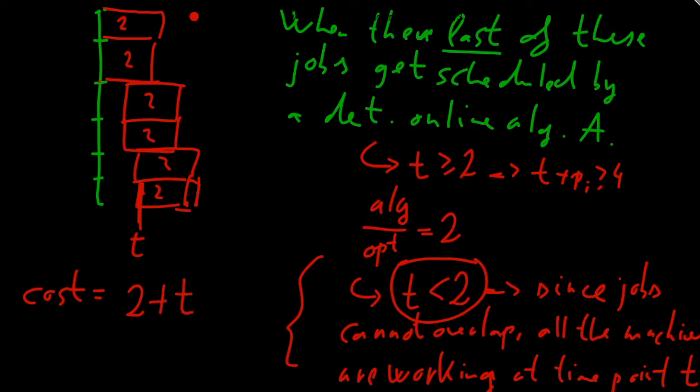Because this is the last job and we will be spending 2 units of time processing this job. So the cost is 2 plus T, and the optimal cost would be, of course, 2 for this particular input, which means that (2 plus T) divided by 2 is a lower bound for the competitive ratio of the algorithm.